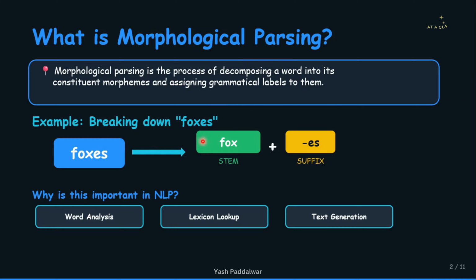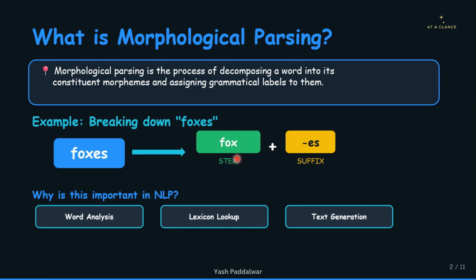For example, you can see over here, if we have the word foxes, now on application of morphological parsing, it will break down into two parts: fox, and the second is es. Both of these are morphemes, right? Pause the video and comment down what type of morpheme each of them is.